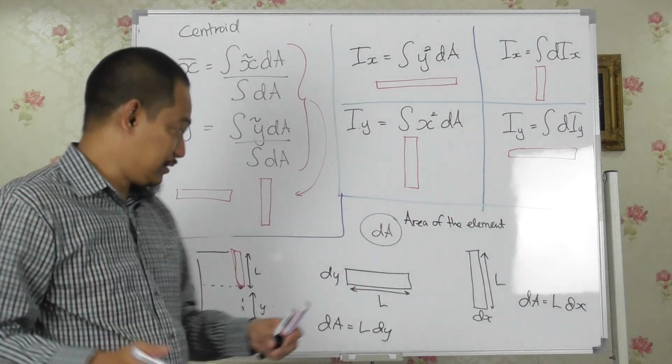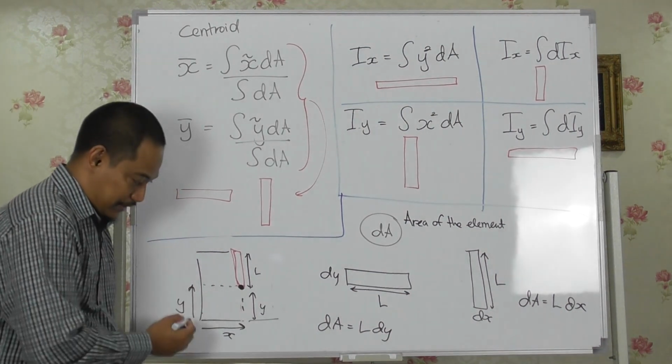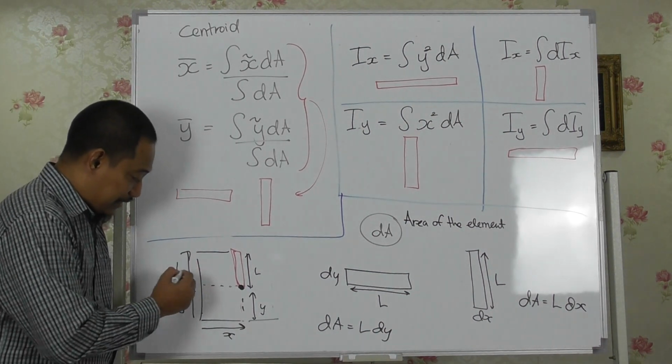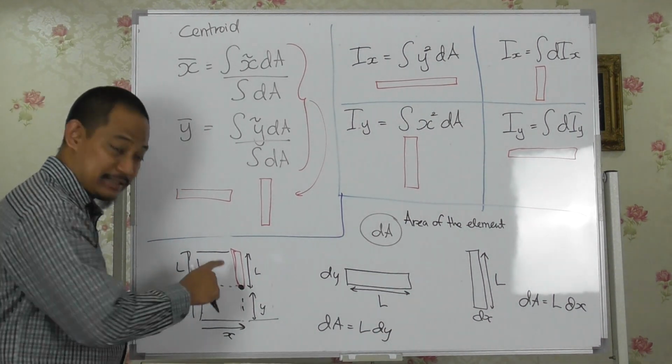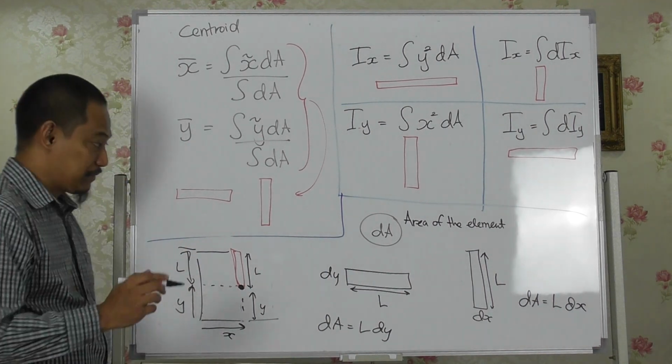Y is not the length. Y is a coordinate, right? This coordinate, meaning this is y. So when I want to find this L, it is not y in this case. It is something minus y. It is the difference, right?